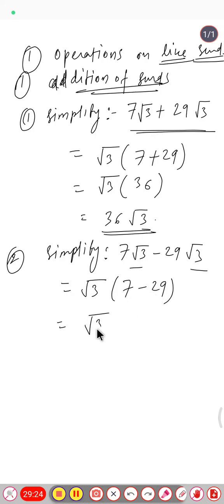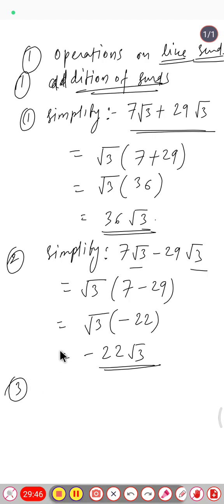As we know that 7 is smaller and this is the bigger one, so we take the minus sign here. Here it's 22. So we can write minus 22 root 3. Is it right? Again we can simplify the same question or take any other question.